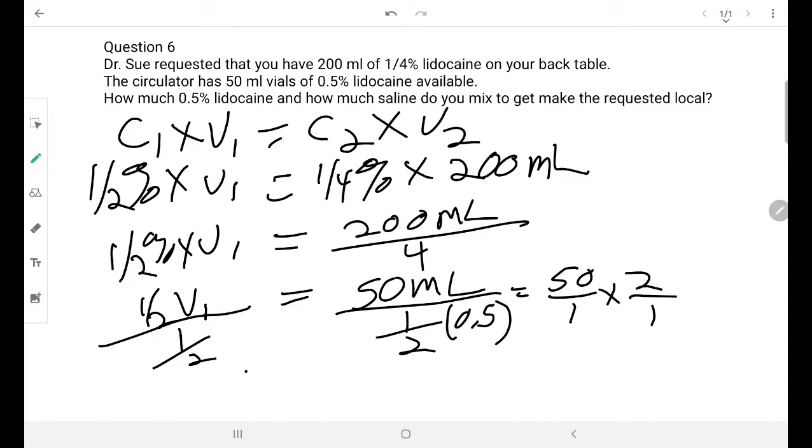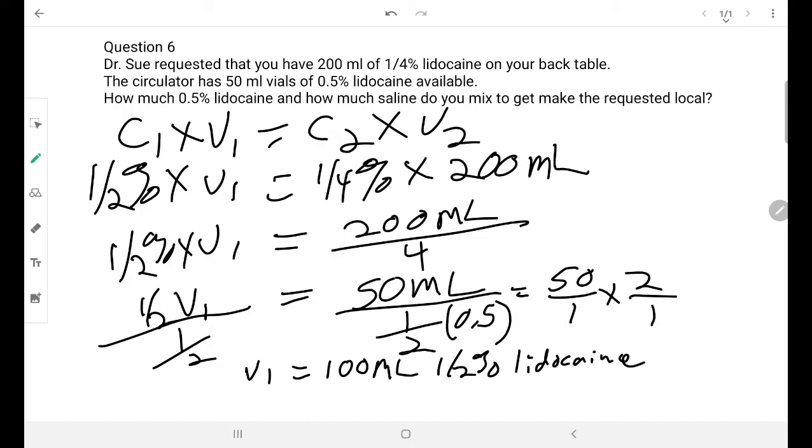So then that leaves us with V1 equals 100. All right, so the volume of 1 that we need, the volume of 0.5% lidocaine, is 100 milliliters of 0.5% lidocaine.